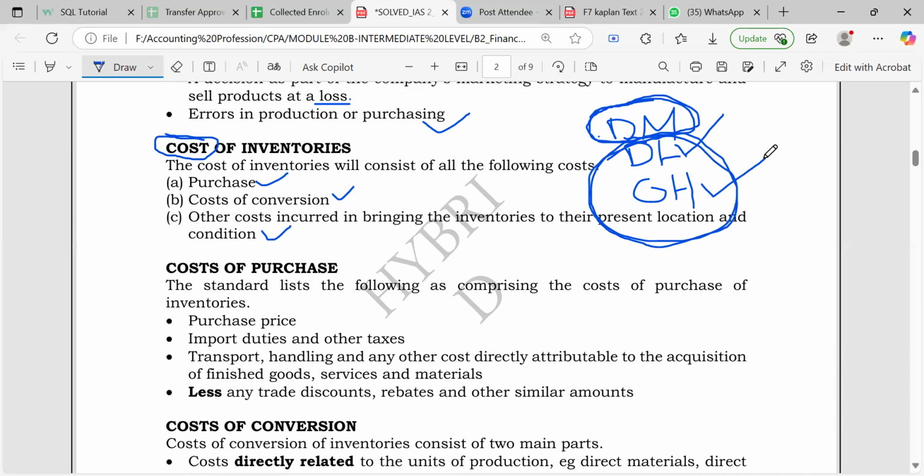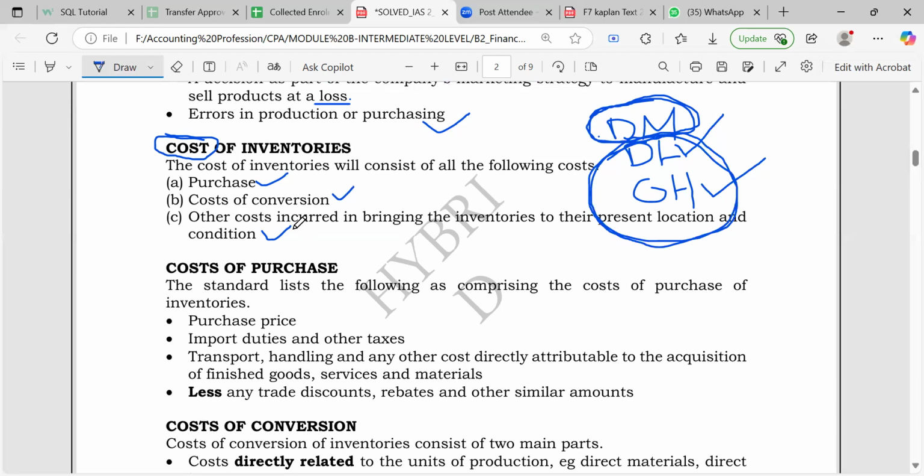Okay, this is how it's done. But here we have actually specified other costs incurred in bringing the asset to its present location and condition. Maybe these overheads could have been broken down twice. Some overheads are in conversion, but some are not on conversion. That's why I try to specify all other costs. You may have incurred other costs, for example the carriage inwards.